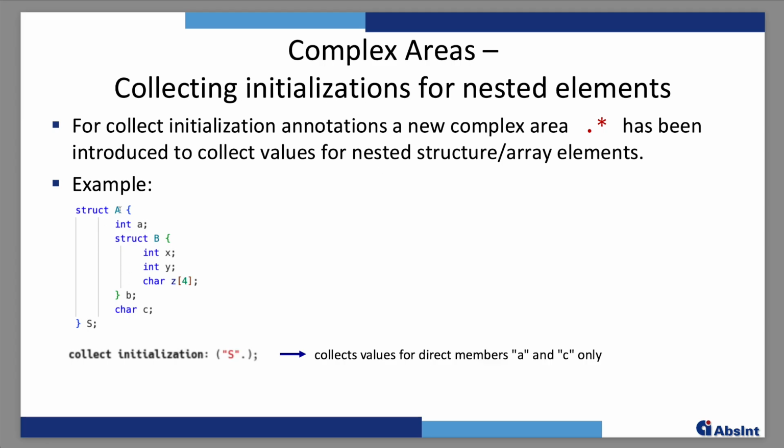Assume we have a structure variable S containing a component A of type integer, another nested structure with components X, Y, and an array Z contained in that inside nested structure, and another character C. If you used a collect initialization directive with the shortcut variable name s dot, without naming any component symbol, then it collected assignments to direct members of that variable s only.